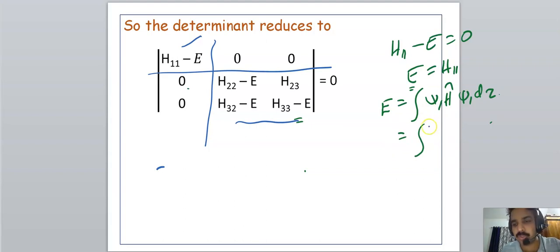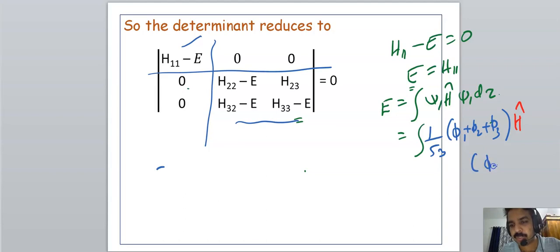Psi 1 is equal to 1 by root 3 into phi 1 plus phi 2 plus phi 3, into h cap, again psi 1, which is 1 by root 3 into phi 1 plus phi 2 plus phi 3, d tau. Okay, actually that is E.